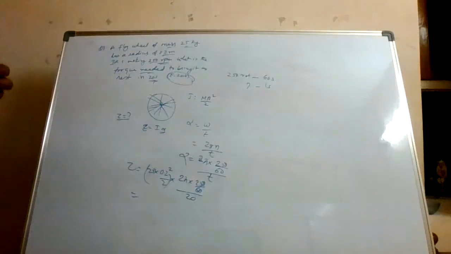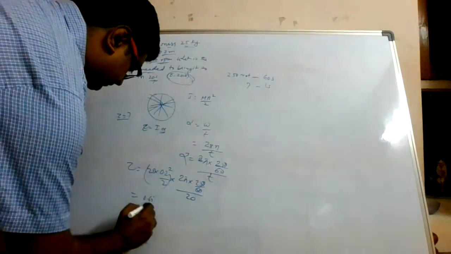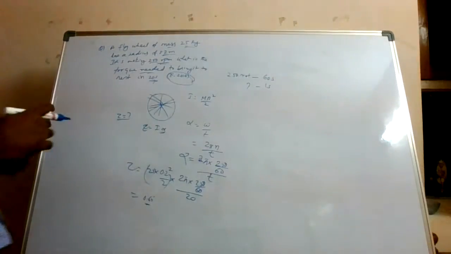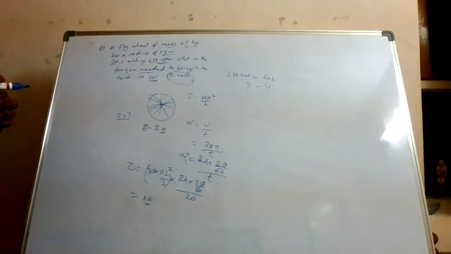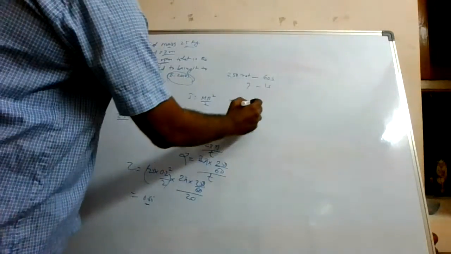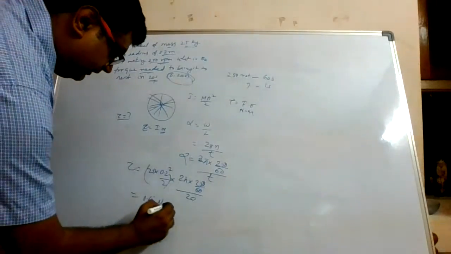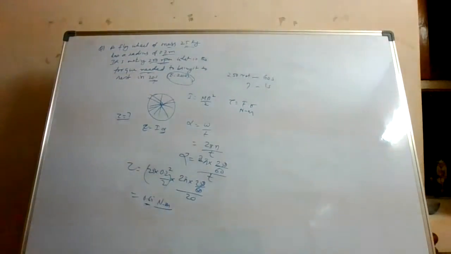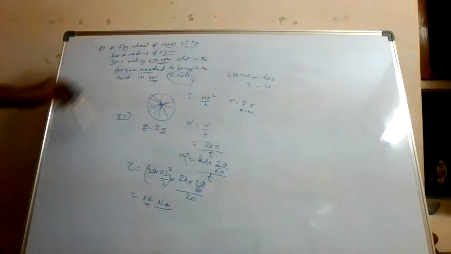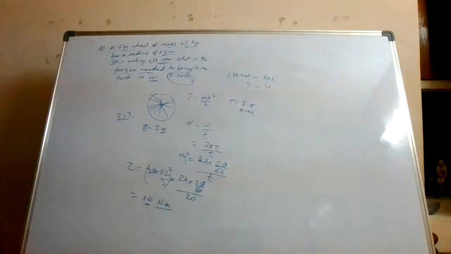So 0.65. 0.65 is the torque. And what is the unit of torque? Remember, torque is force into distance. So Newton meter is the unit of that. So understood how I have done? This question has come in previous years. Make a note of this.